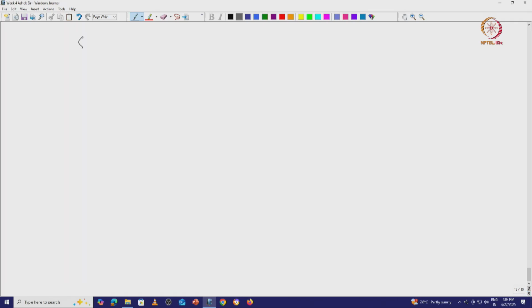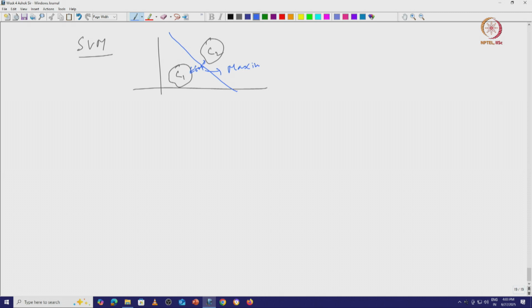So the idea of support vector machine is basically, given two classes of data, I want to find a linearly separating hyperplane, this may be affine too, such that the gap between these two, this gap, is maximum.